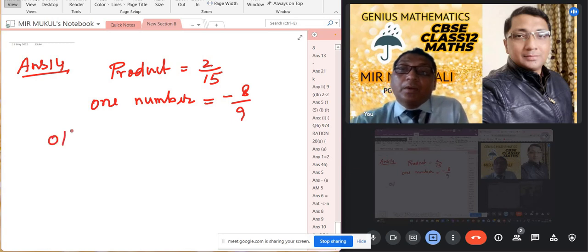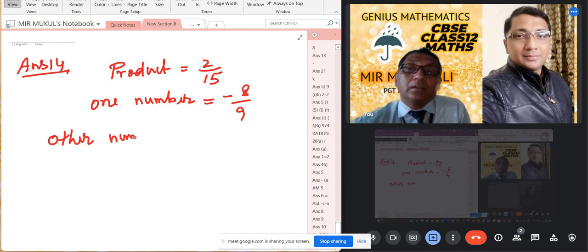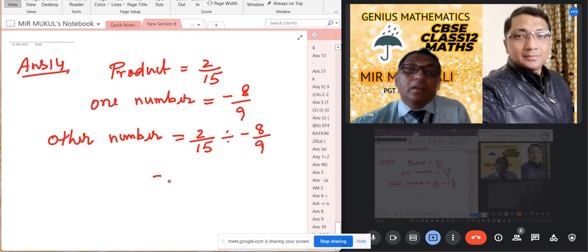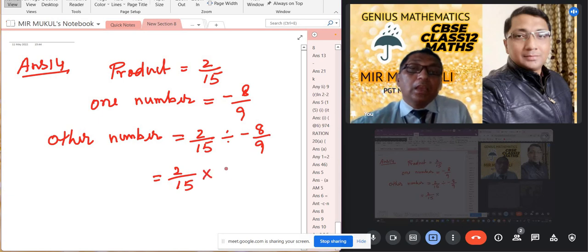So other number will be other number equals to 2 by 15 divided by minus 8 by 9. So it is 2 by 15 into 9 by minus 8.